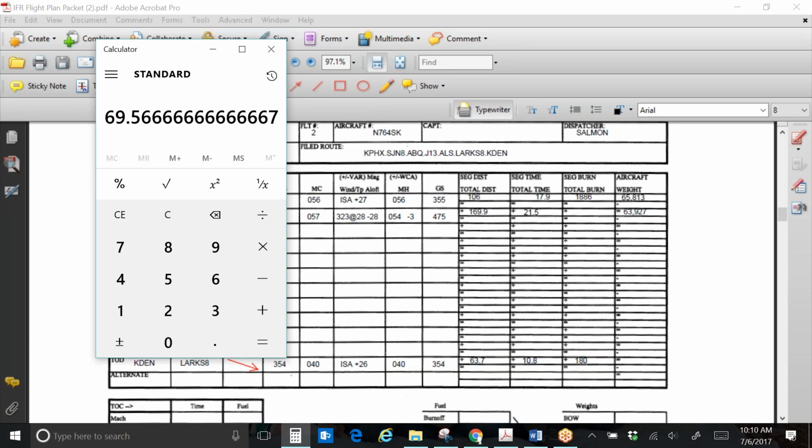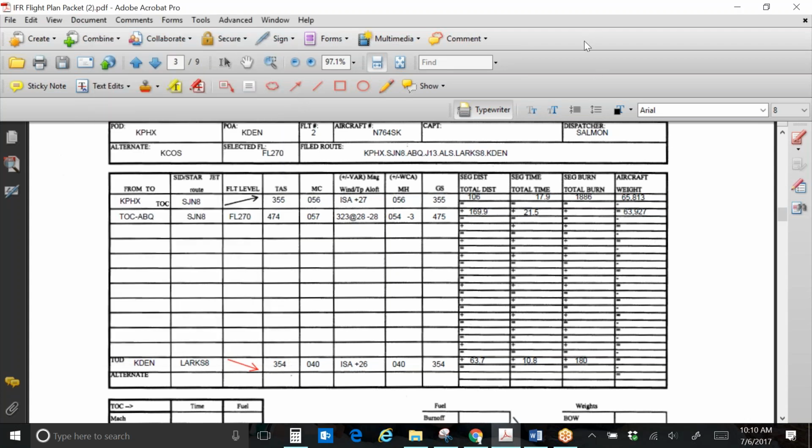That's going to be 69.56, and then you can just leave that on there and now just simply times that by 21.5. That's going to be your fuel burn. 1495.68. We'll just round that to 1496. Type it in, and we are done with that leg.